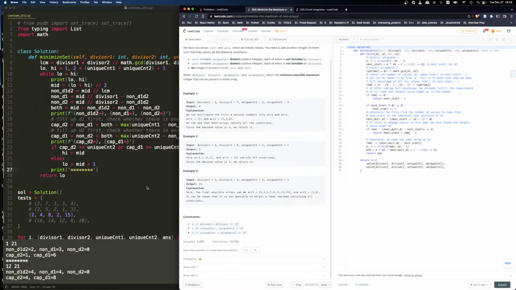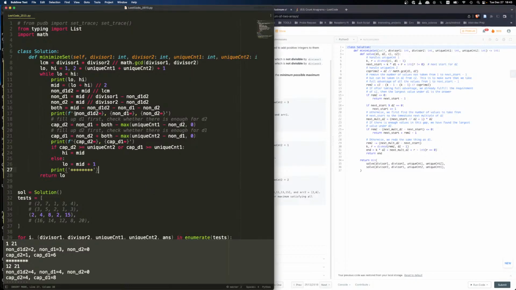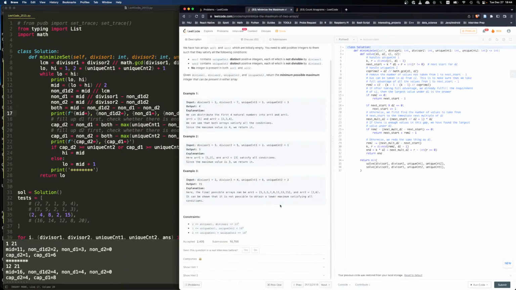we have from 1 to 21 to choose. And the mid, I forgot to print the mid. Okay, the mid is 11. Okay, 11. And non D1, D2 will be 4 and 8.